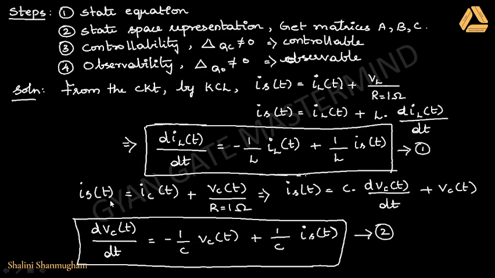Similarly, for the capacitor, Is of t equals IC of t plus VC of t divided by R, where R is 1 ohm. Again, I am moving all other terms except the differentiation term to the right side, and in this way I get the second equation.